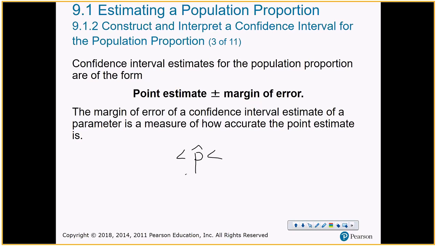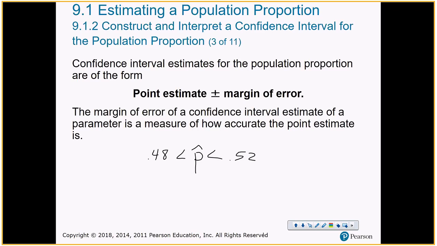I'm just going to make up a number. Let's say 0.48 and 0.52. Now, you could say 48% to 52%.